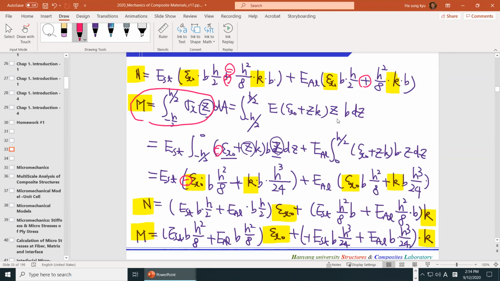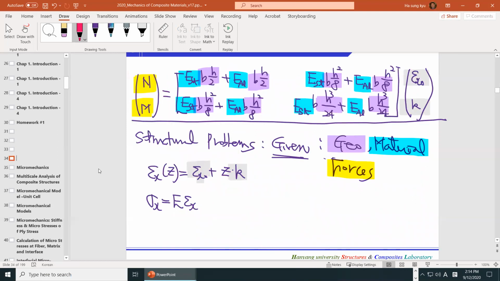So aluminum, still here we have a minus sign, and still we have a minus sign here, okay? So still we have a minus here, and still we have a minus here.